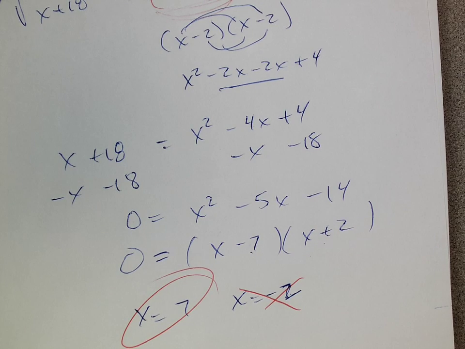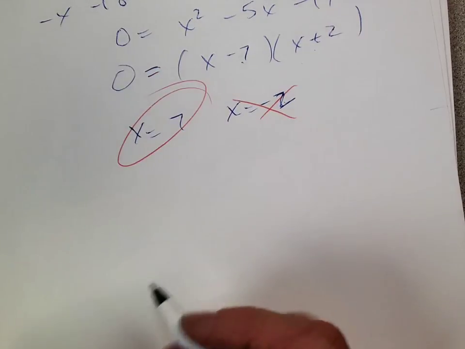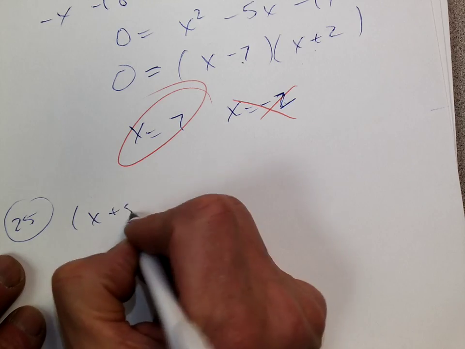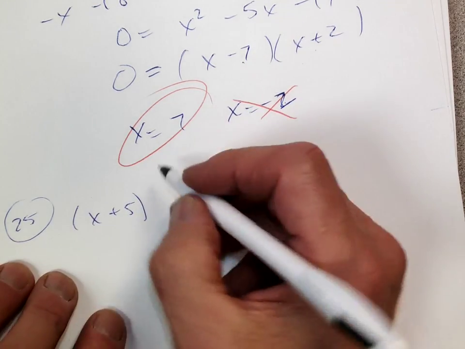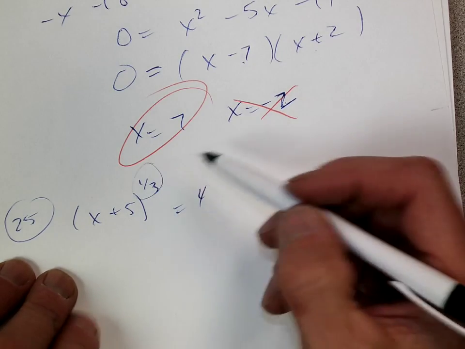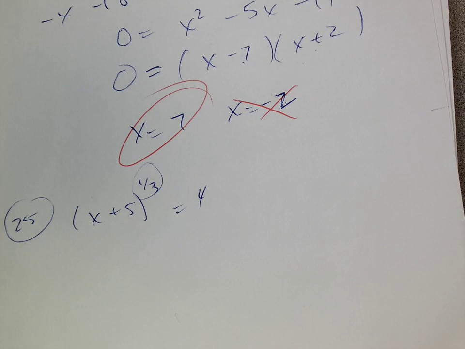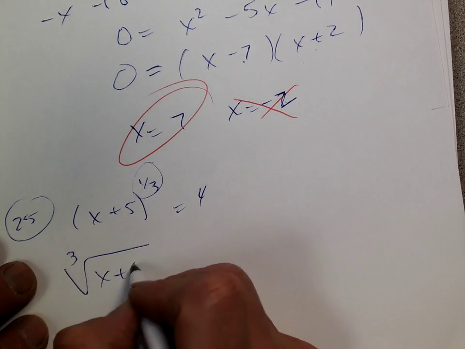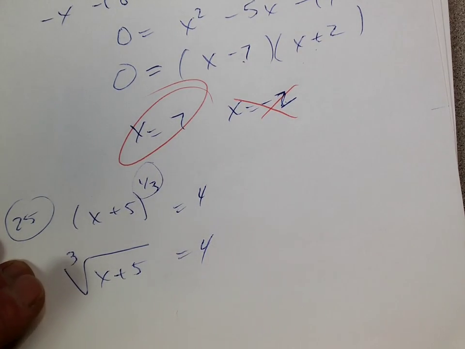25, we're almost done. 25 is easy. Honest. 25 is easy. I have x plus 5, Arthur, you ready? To the 1/3 power equals 4. You're always ready. Okay, 1/3 power, same thing as cube root. It really is. So the same thing as the cube root of x plus 5 equals 4.